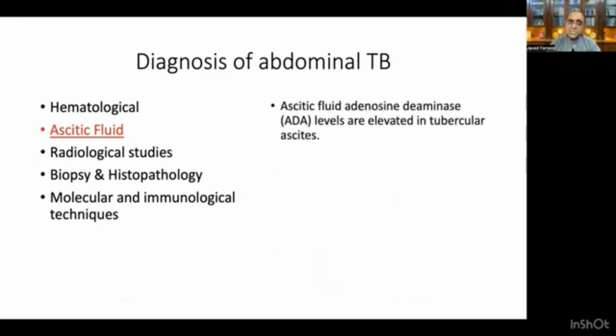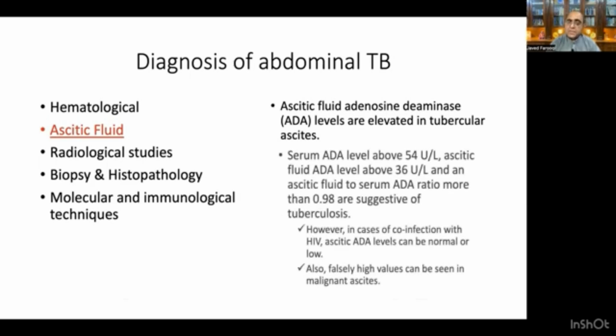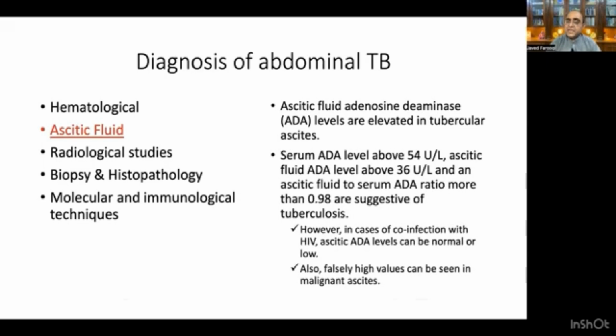More details about ascitic fluid. Ascitic fluid adenosine deaminase, ADA, levels are elevated in tubercular ascites. Serum ADA level above 54 units per liter, ascitic fluid ADA levels above 36 units per liter, and an ascitic fluid to serum ADA ratio more than 0.98 are suggestive of tuberculosis.